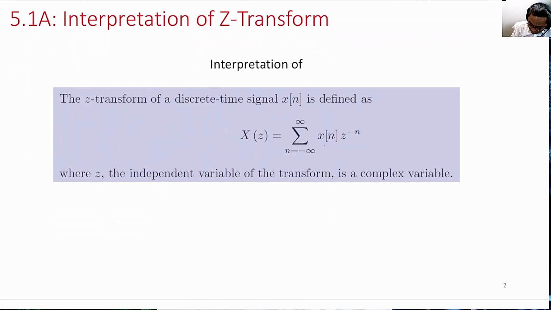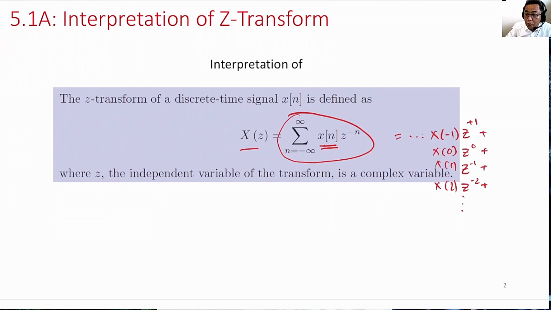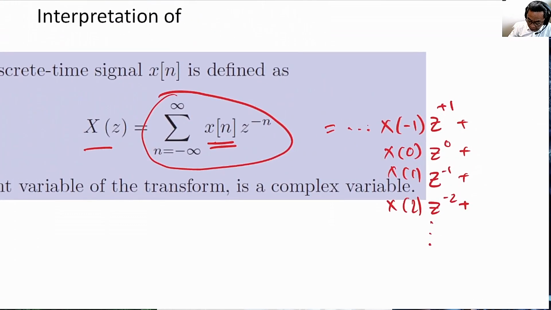Let's recap. Given a sequence x of n, to convert it into the Z transform, simply do this, and this will look like the equation on the right hand side. It basically converts this sequence into a polynomial with power z.